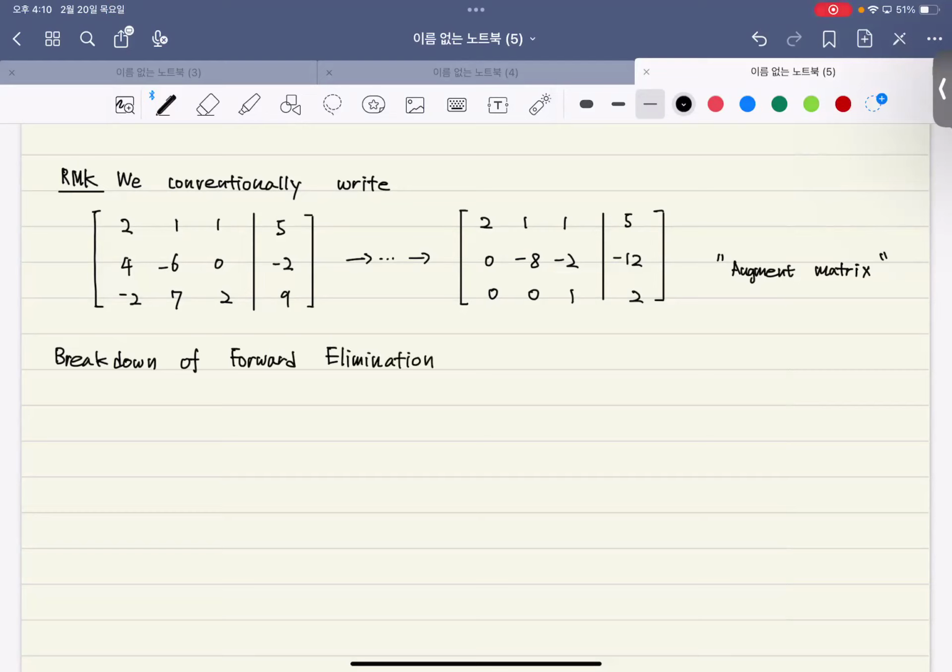Is Gaussian elimination always possible? No, there are some cases where you cannot apply forward elimination.